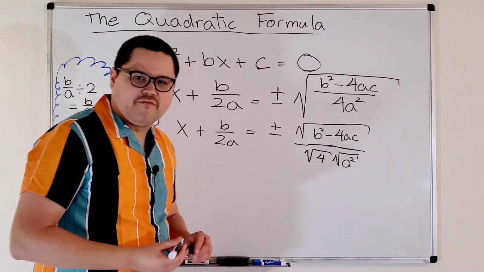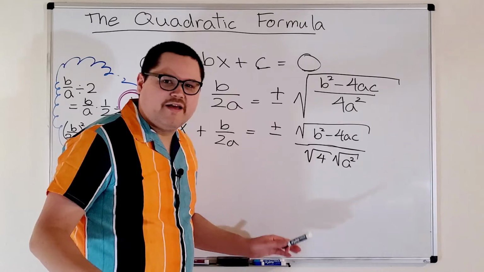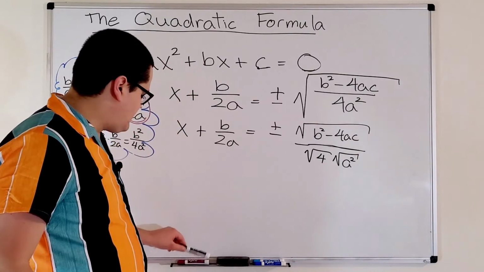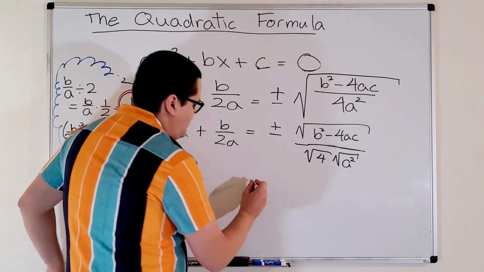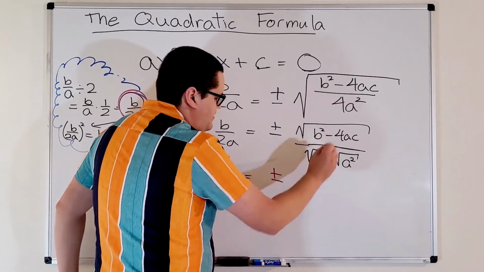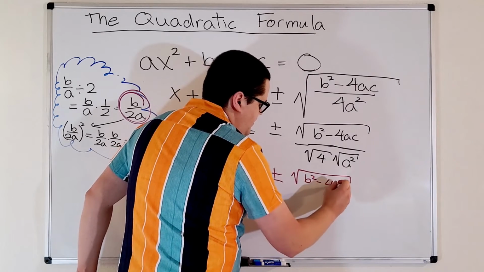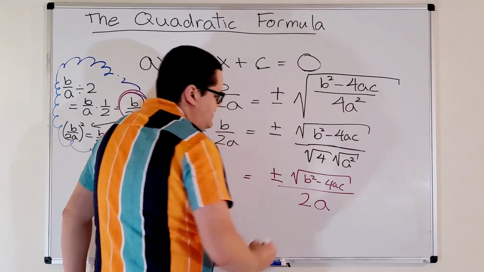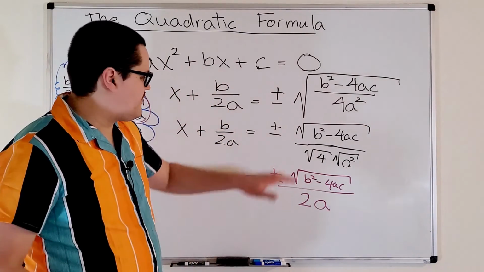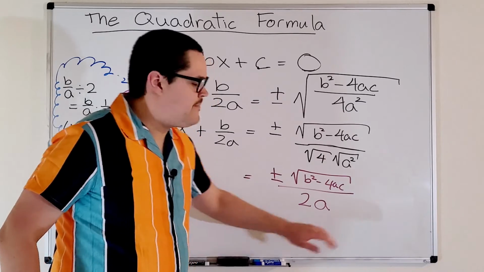Now the square root of 4 is 2, and the square root of a squared is basically a. So let's rewrite this one more time. The numerator stays the same. And we get 2 times a. Again, the square root of 4 is 2. The square root of a squared is a.